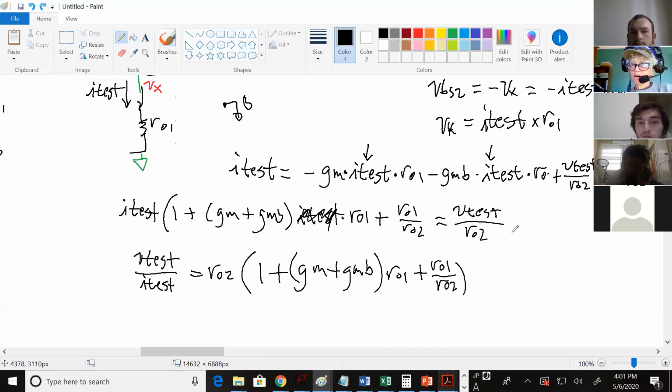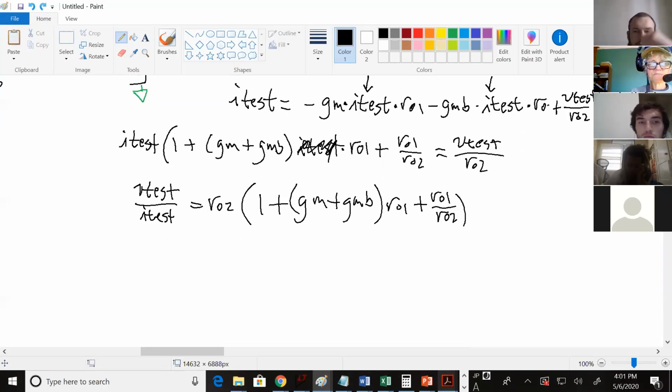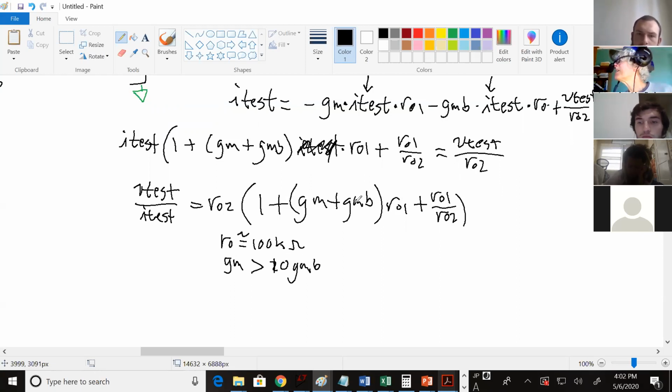Okay, and then let's do a couple of assumptions here. Let's say the ROs are all about 100K or something like that. And GM, let's say it's greater than 10 times GMB. So in other words, GM is much bigger than GMB. What does this equation become?